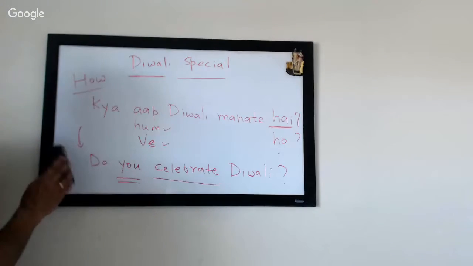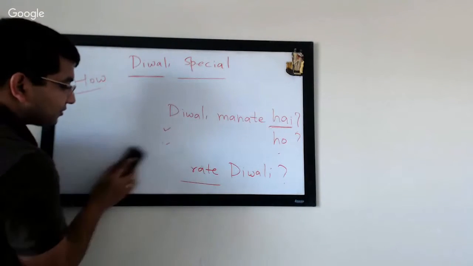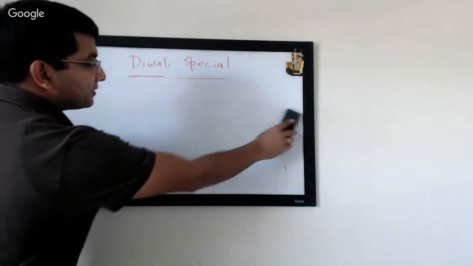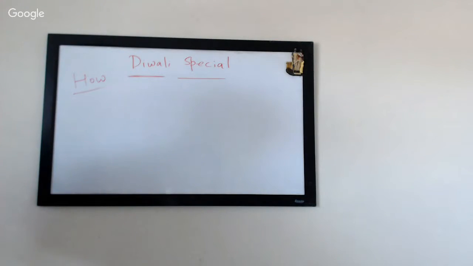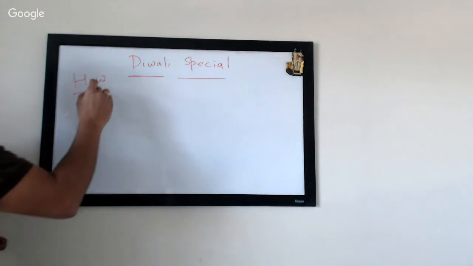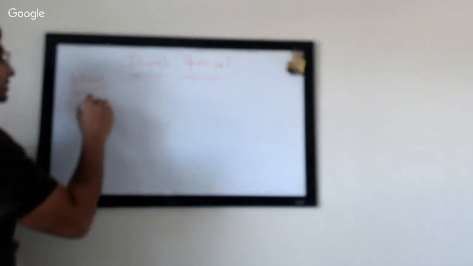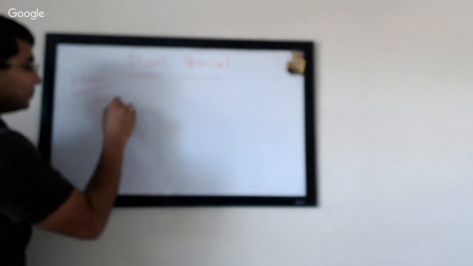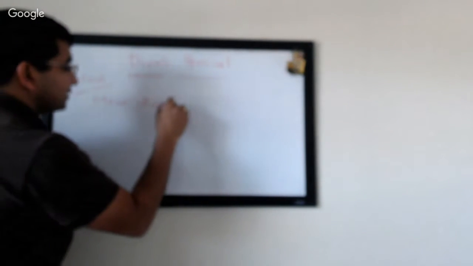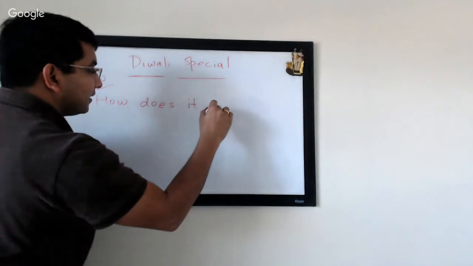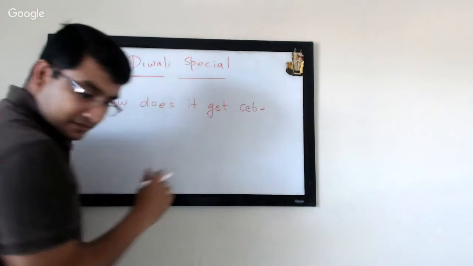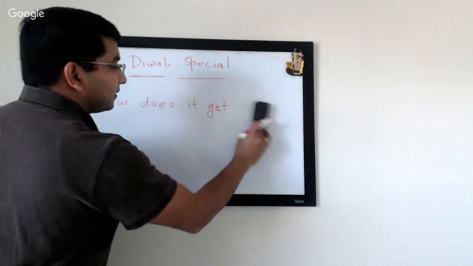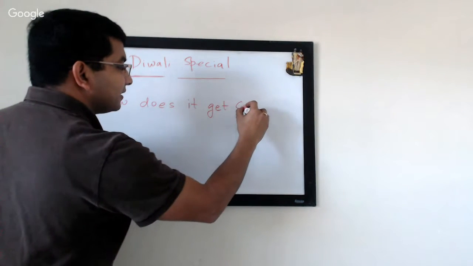Okay, so this is clear. Now let's try to introduce how in this sentence, right? The question is how does it get celebrated?